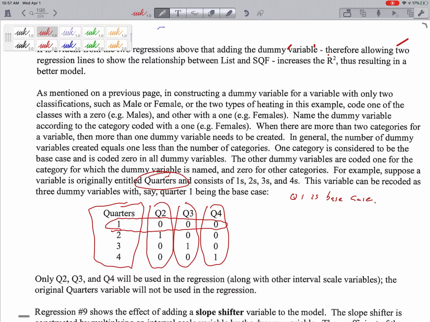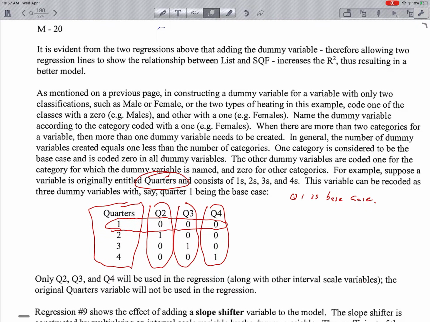So you always have one less than the number of categories equals the number of dummy variables. The only ones we'll be dealing with practically in our class are 2 classifications, things like male, female, natural gas or other, natural gas or not natural gas.